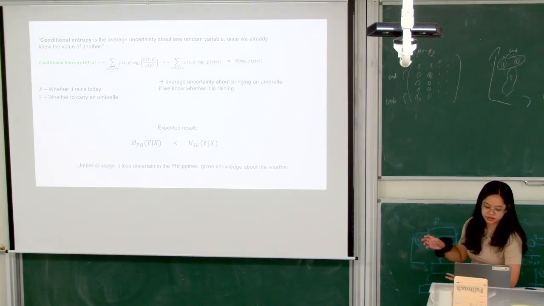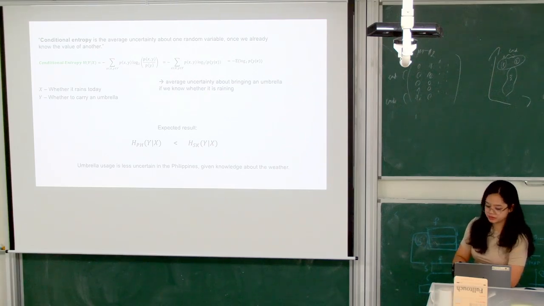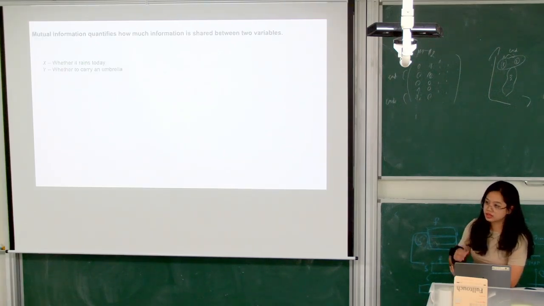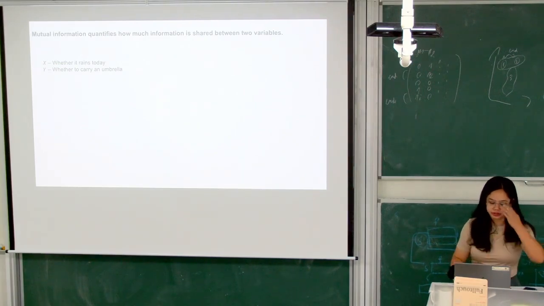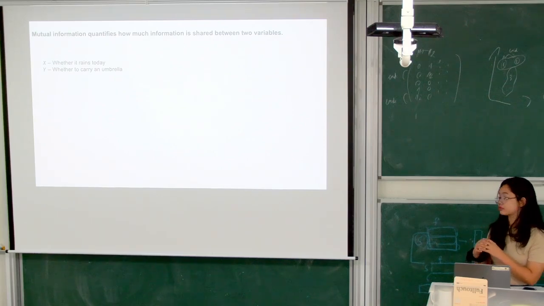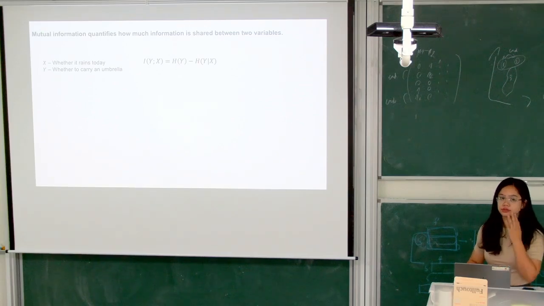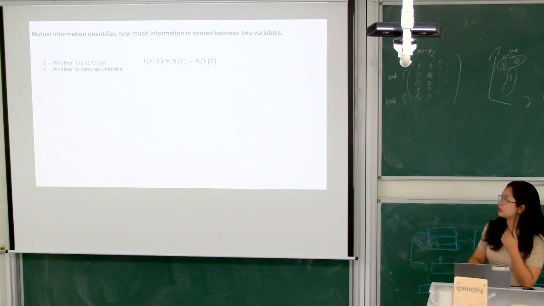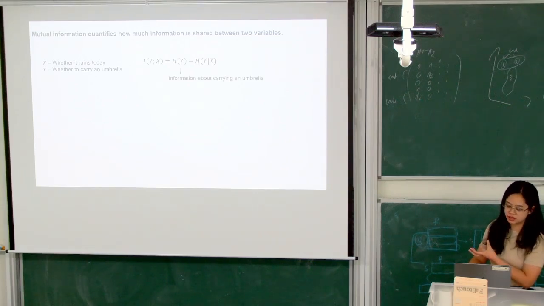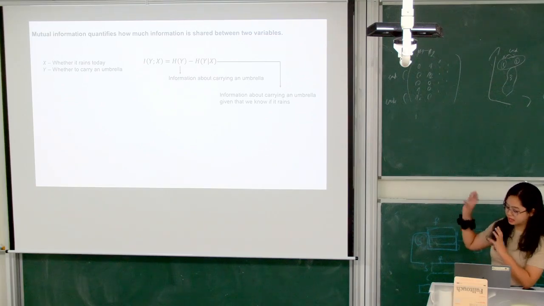We have to know entropy and conditional entropy because we will also use a concept called mutual information. This is how much information is shared between two variables. We're still looking at these two variables, X and Y, and the formula for the mutual information is just this: entropy of Y minus the entropy of Y given X. H of Y is just the information about carrying an umbrella, but H of Y given X is the information about carrying an umbrella given that we know if it rains.